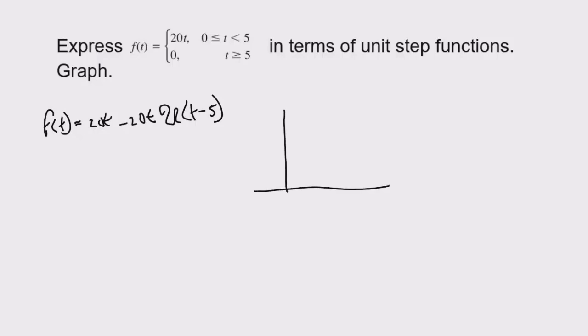Well, let's see. At 0, the y value would be 0. And 5 is where it gets interesting. So up to the number 5, 20 times 5 would be 100 up here. So up to here, an open circle. And then after that point, and this would be kind of hard to see, your function would be just flat 0 at that point.